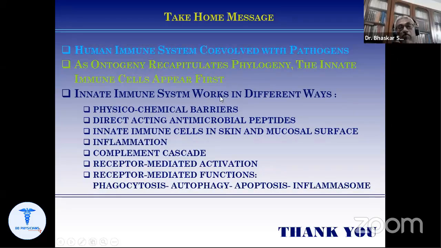The innate immune system works in different ways: physicochemical barriers, direct acting antimicrobial peptides, innate immune cells in skin and mucosal surfaces, inflammation, complement cascade, and receptor-mediated activation and functions. We have seen effector functions of phagocytosis, autophagy, apoptosis, and inflammasome.